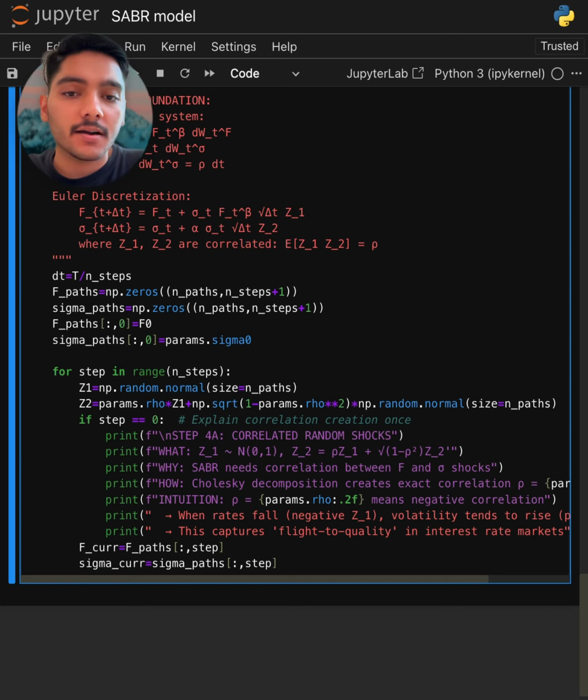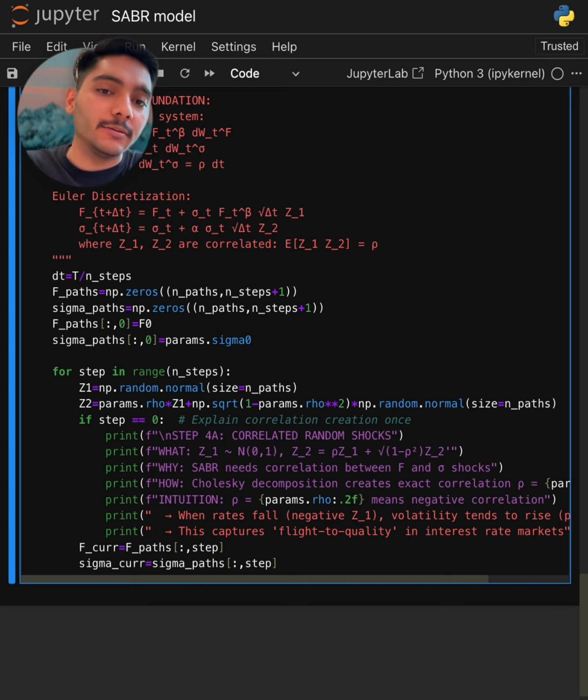I will show you in the formula. This is the SABR forward rate evolution equation, and we'll multiply current volatility into leverage factor into time scaling into random shock. So f to the power beta creates leverage effect: higher rates can be more volatile.